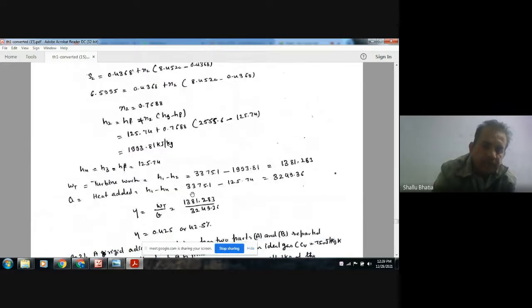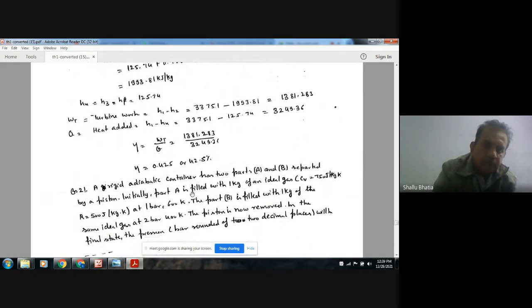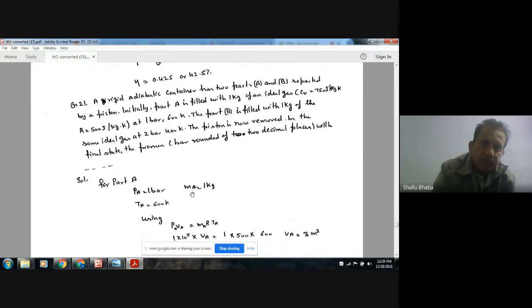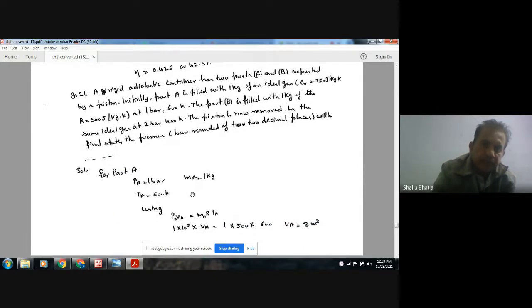Next, a rigid adiabatic container has two parts A and B separated by a piston. Initially, part A is filled with 1 kilogram of an ideal gas, Cv is equal to 1050 joule per kilogram per Kelvin, R is equal to 500 joule per kilogram per Kelvin, at 1 bar, 600 Kelvin.